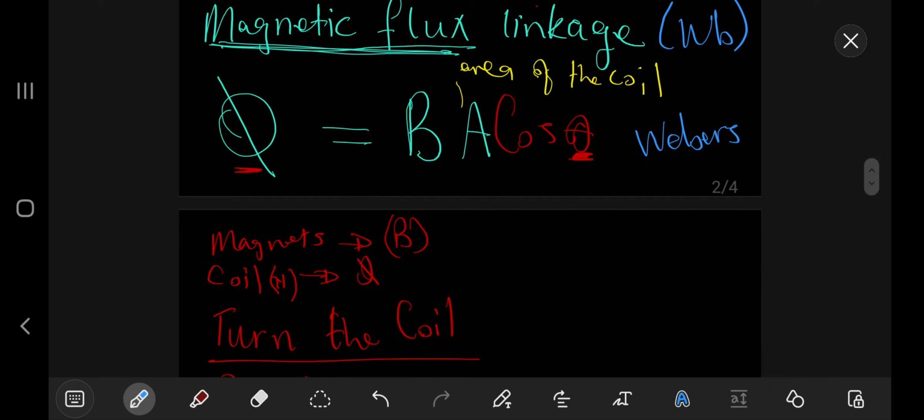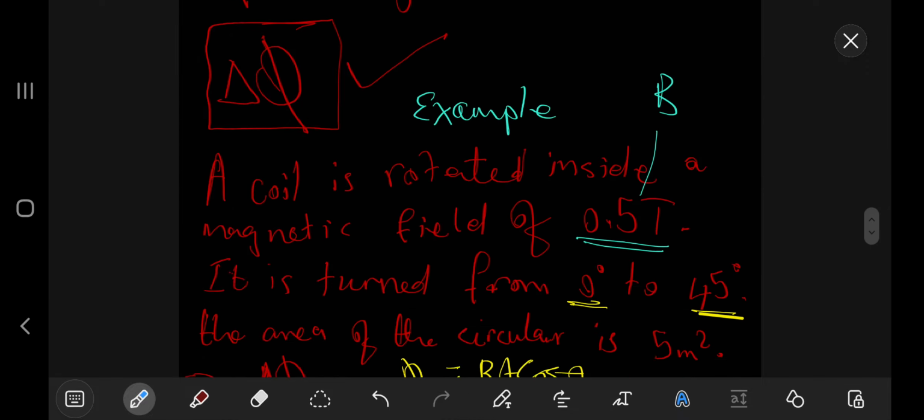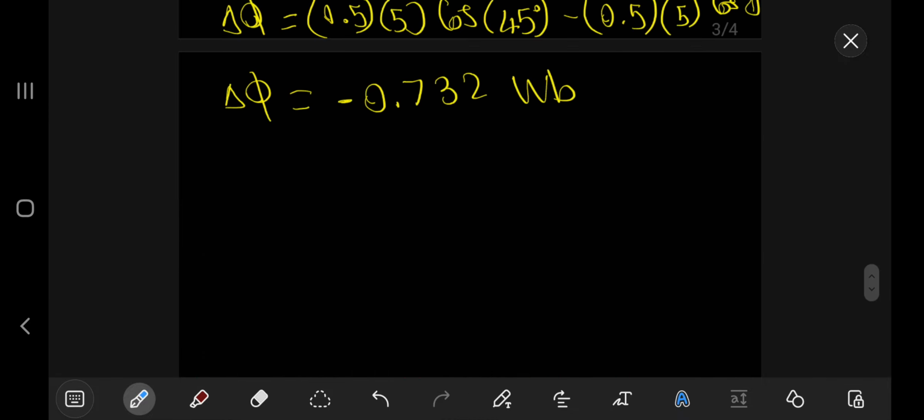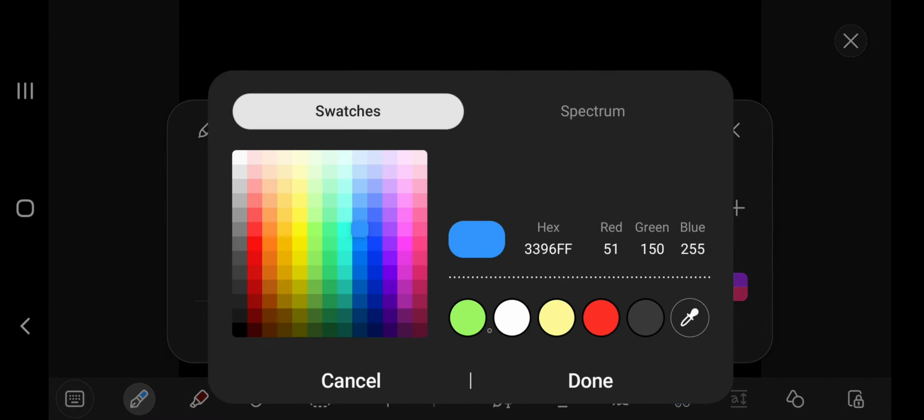Okay, so that EMF is induced because there is a change in the magnetic flux linkage. All right, fine. So the EMF which is induced, how do we calculate that EMF? The EMF E, which is induced according to Faraday's law, is equal to negative. So why do we put negative here?